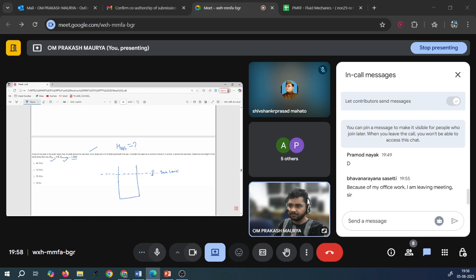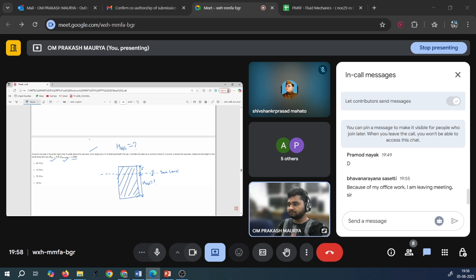This is water. This is your 5 meter, and this is ice, remember. If this is 5, maybe this height will be H, the height of the block below the sea, right? So this is what you need to calculate.